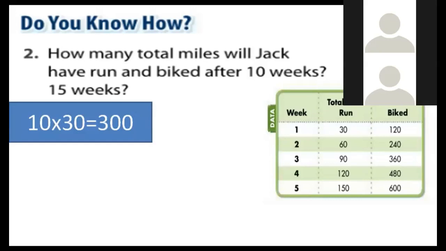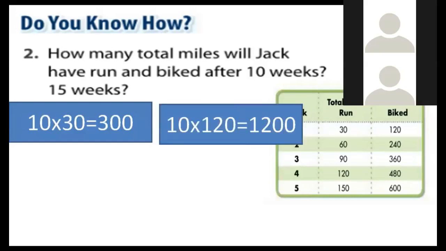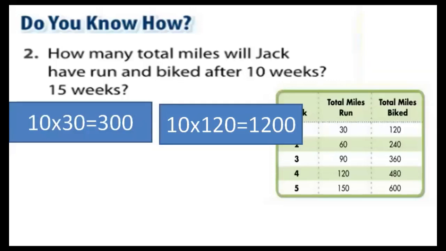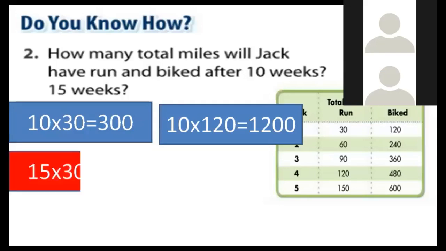What about bicycle? Also, multiply 10 by 120, the same amount he adds or increases each week, to get 1,200. After 15 weeks, you are going to do the same, but not multiply by 10, multiply by 15. 30 miles by 15 equals 450.